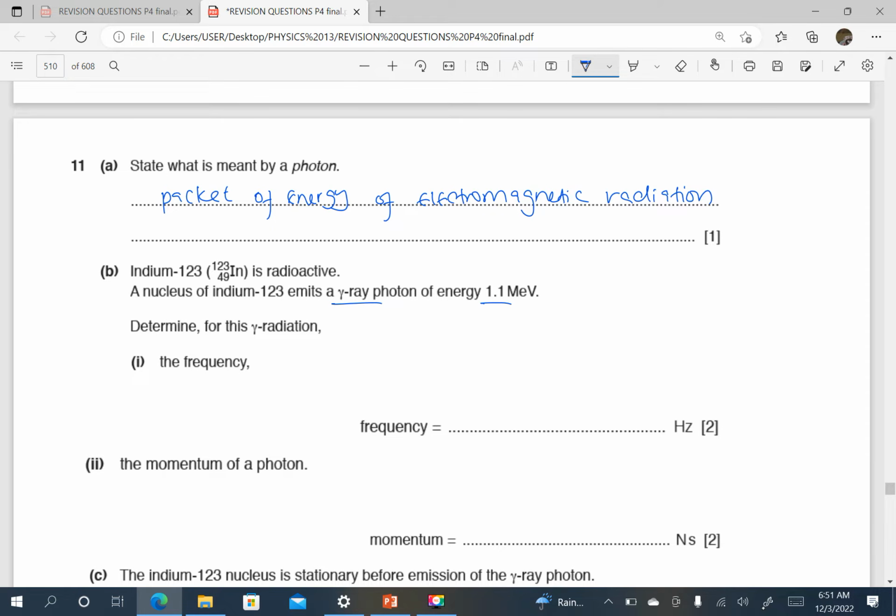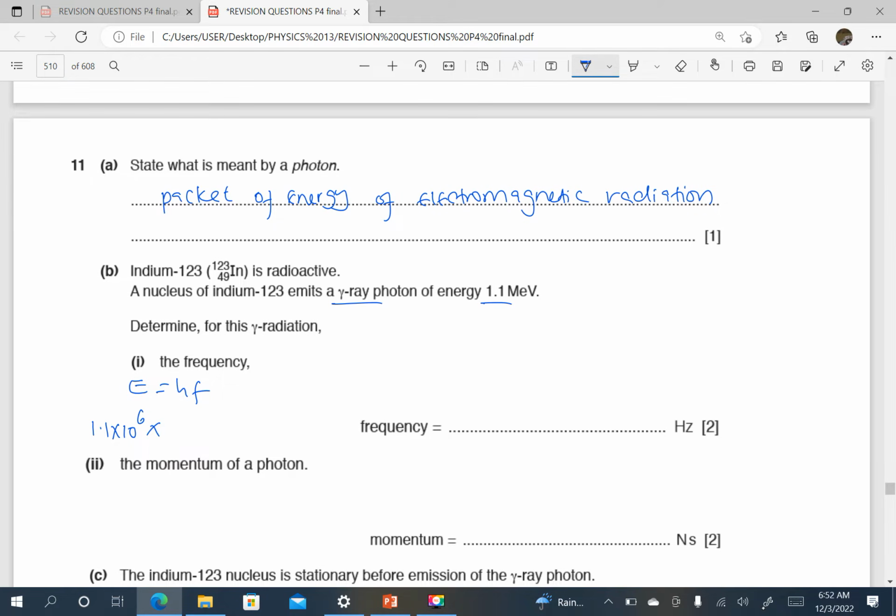Okay, so energy is equal to h times f. The energy has been given, so let me just convert it as it appears. 1.1, I remove mega, it will be times 10 power 6.